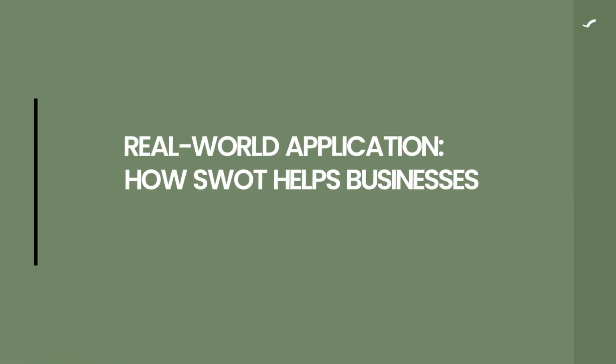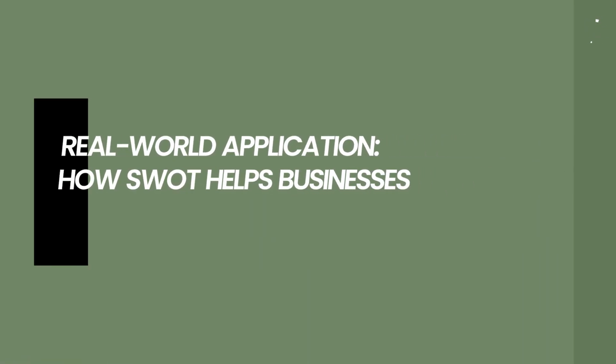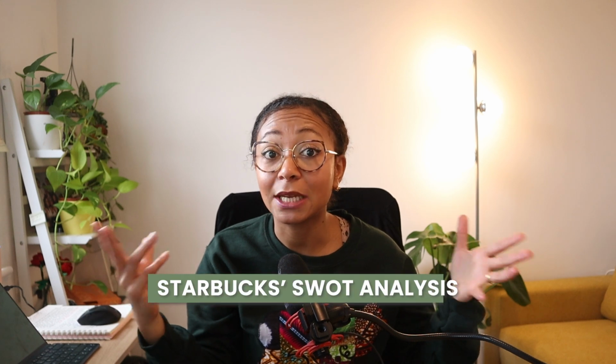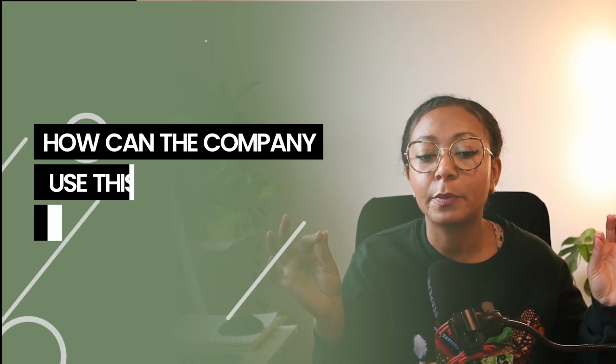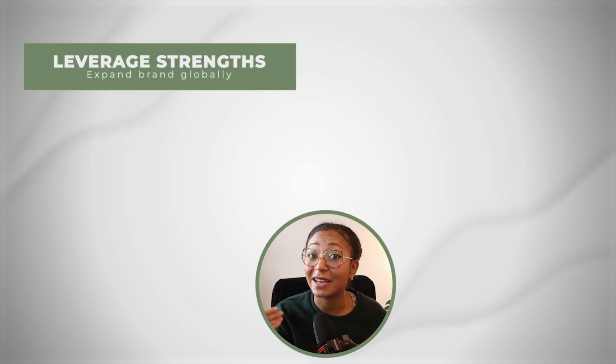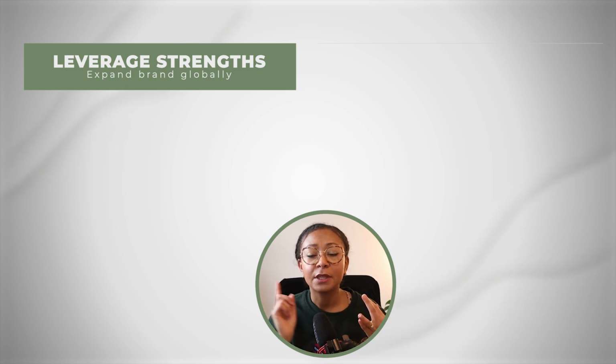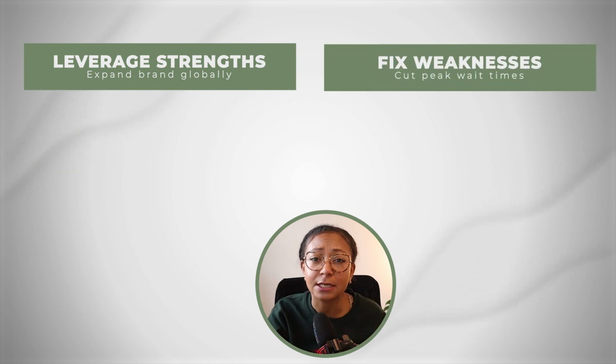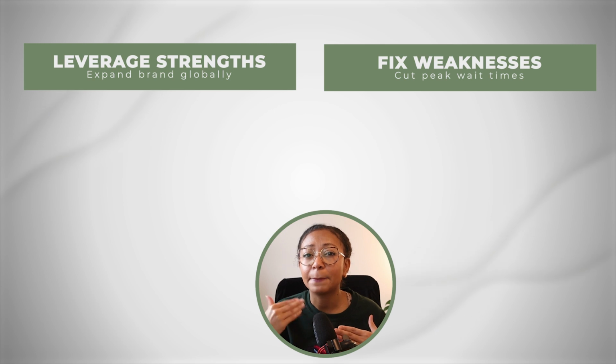Okay, so let's look at the real world application of how SWOT helps businesses. Right now that we've completed Starbucks SWOT analysis, how can the company use this information? An example strategy could be to leverage the strengths, right? The strengths that we've identified by promoting strong brands in new markets. And then they can also fix the weaknesses by working on reducing peak time wait times for the customers.